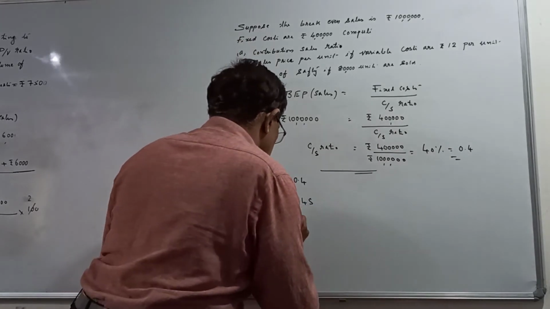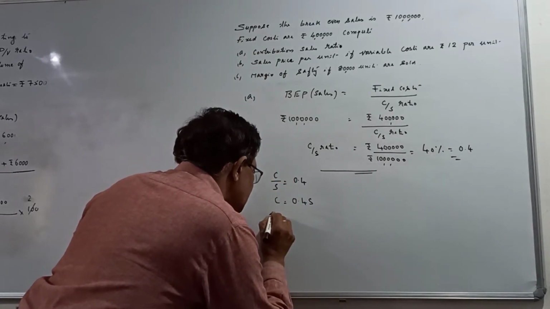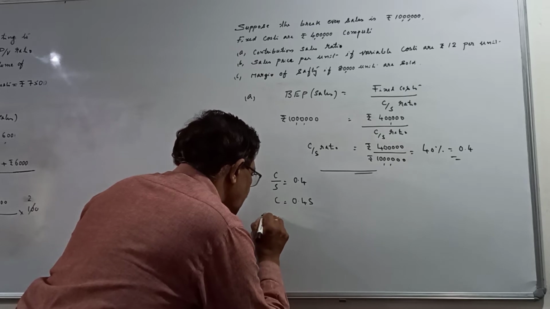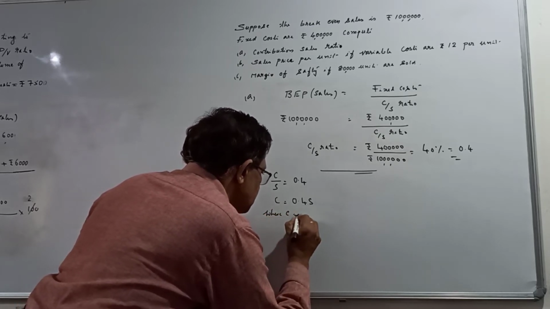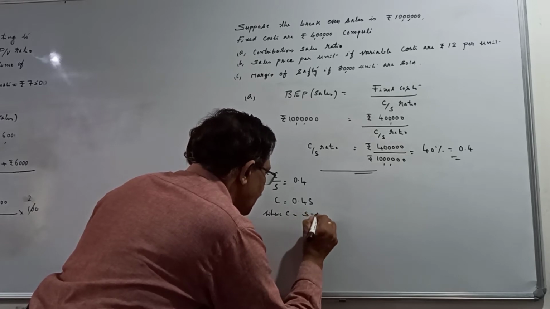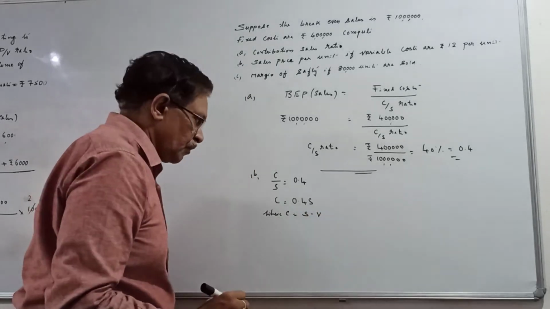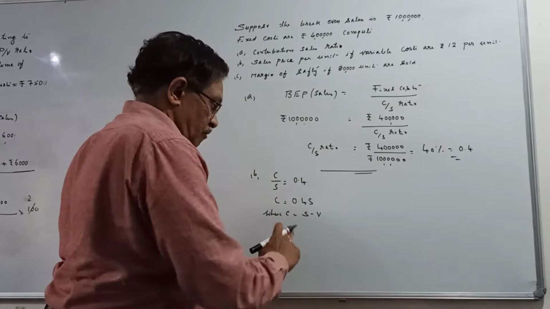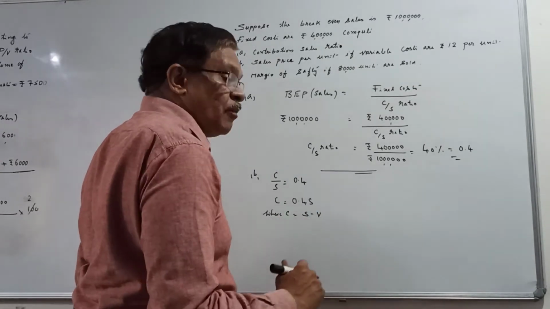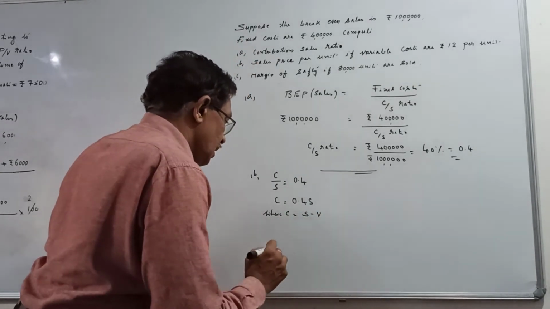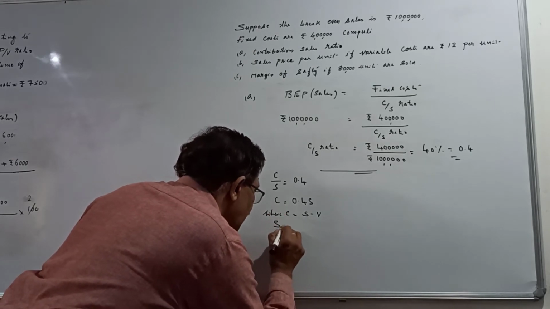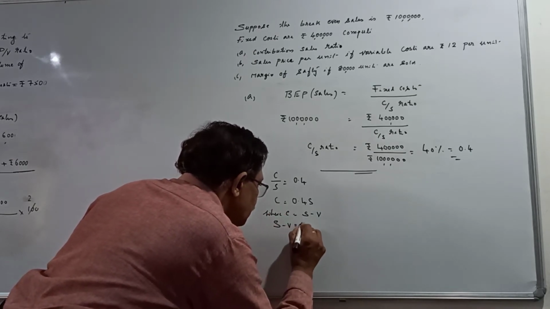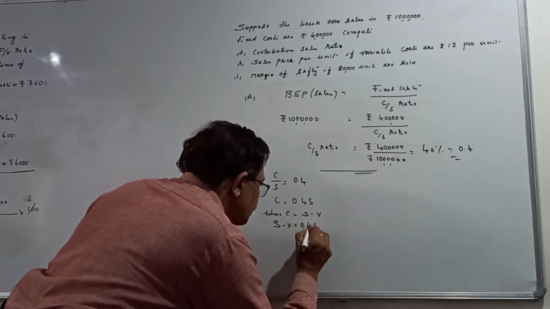We also know that C is nothing but S minus V, or A plus P. We are here using S minus V as C. So instead of putting C, we will put S minus V here. That is nothing but 0.4.